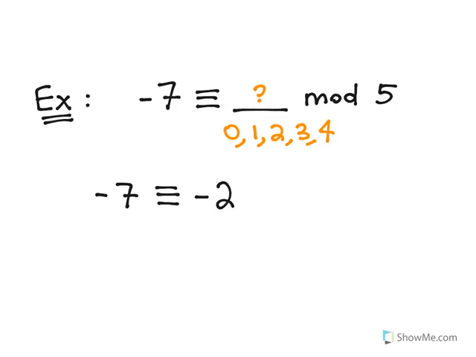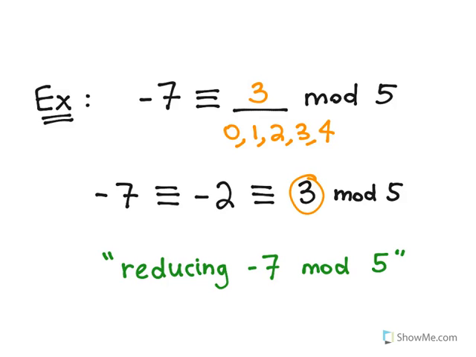First, by adding 5, I see that -7 is congruent to -2 mod 5, and then by adding 5 again, I see that it's congruent to 3 mod 5, which is in my desired range. So again, even though we had to replace -7 with a larger number to fill in that blank, I'll still refer to the process that we just went through as reducing -7 modulo 5.